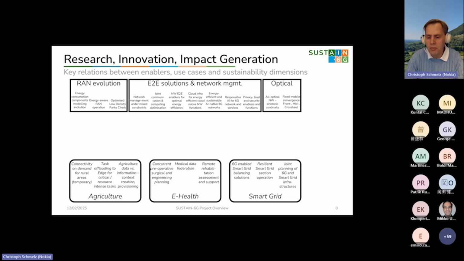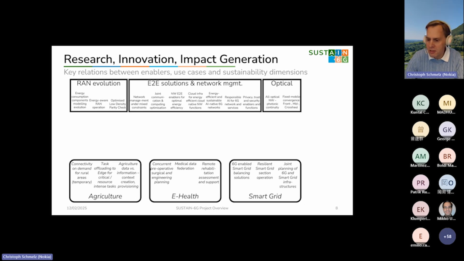And in terms of smart grid, renewable energies play an increasingly important role in Europe, at least in quite a large number of countries. And looking at them into the future: how to make them more resilient, how to do planning, how to be quickly reactive. That is something which goes in line with the communication infrastructure.